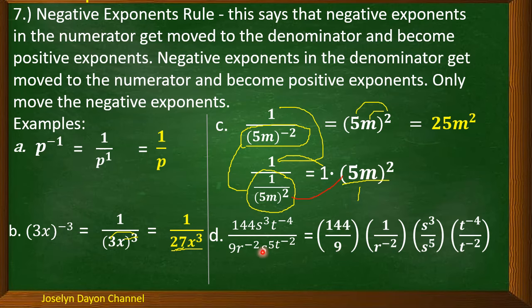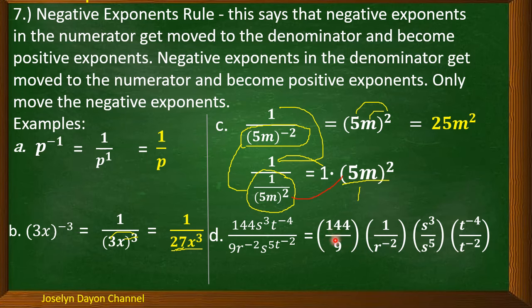Then r to the power of negative 2, that is times 1 over r to the power of negative 2, multiplied by s cubed over s to the power of 5, multiplied again by t to the power of negative 4 times t to the power of negative 2.